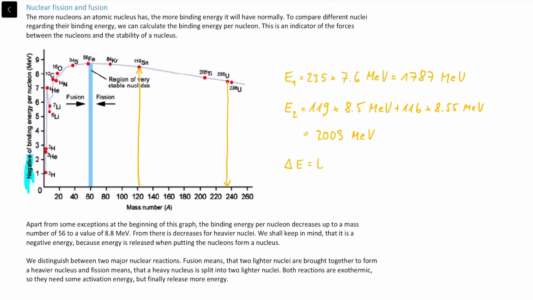So this is E2 minus E1, and that leaves us with 217 mega electron volts.